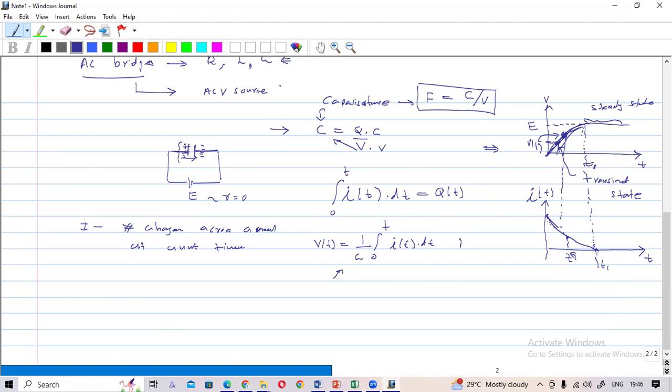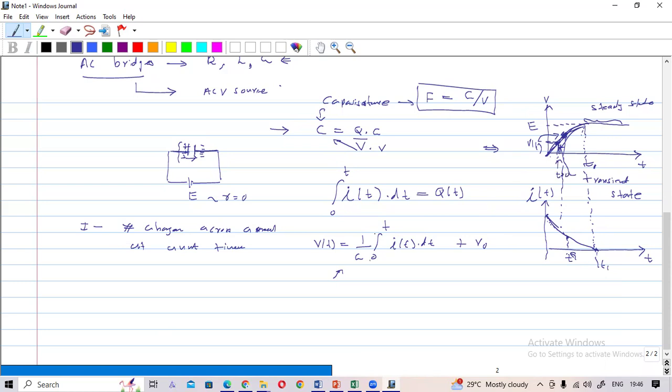Let's say that the initial voltage is V0, and that time is considered as t equal to 0.